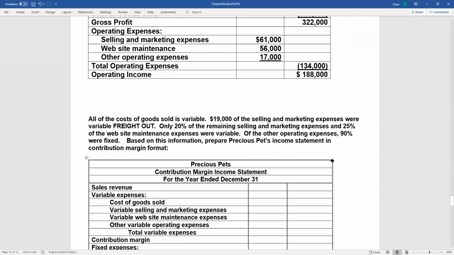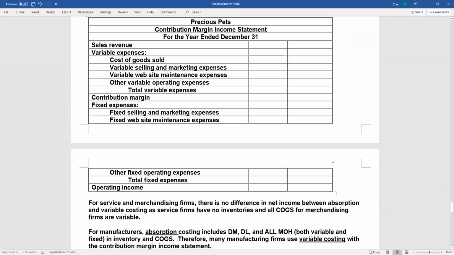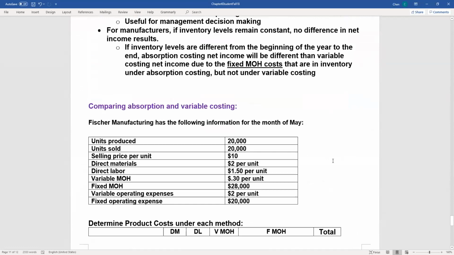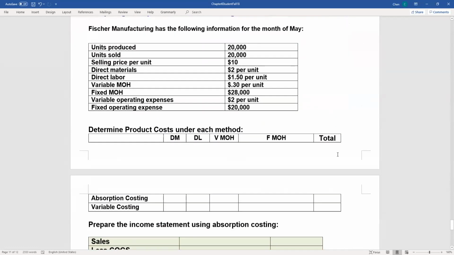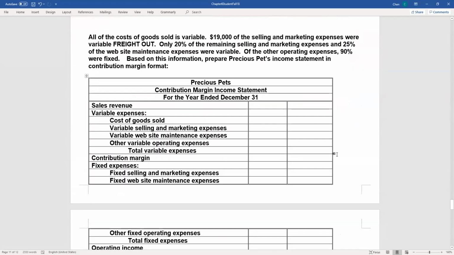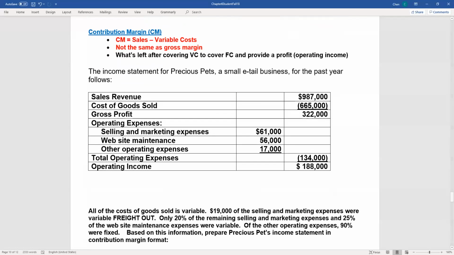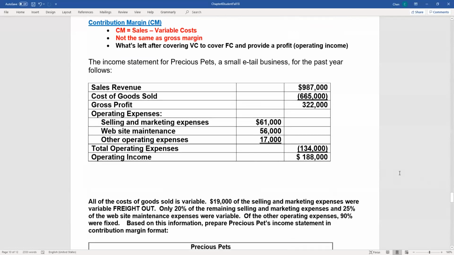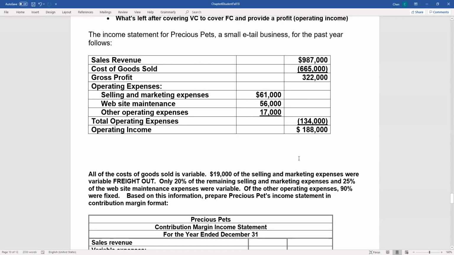Here are some examples. Yeah, I think we can do this example to help you have an idea of what a contribution approach income statement looks like.